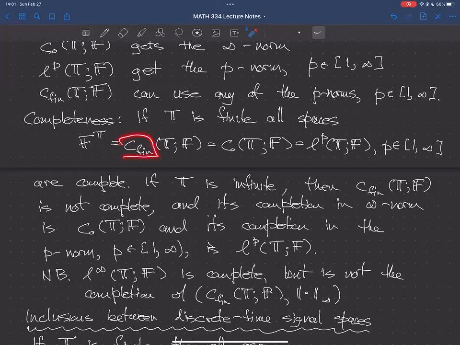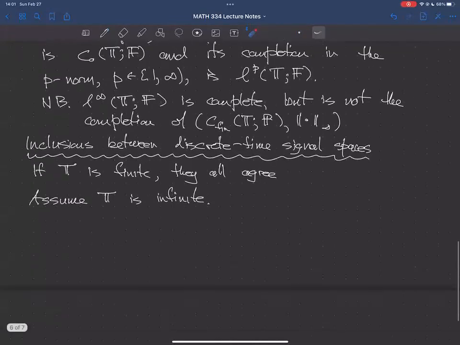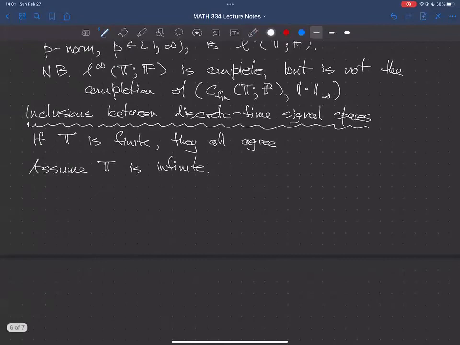Finite support means that it's always in little c0 and it's always in all of the LPs. So the space of all signals is the largest, and C finite is the smallest.